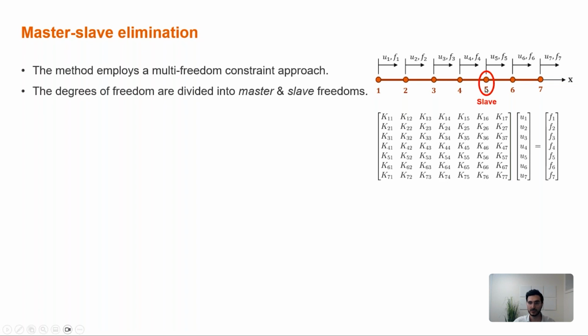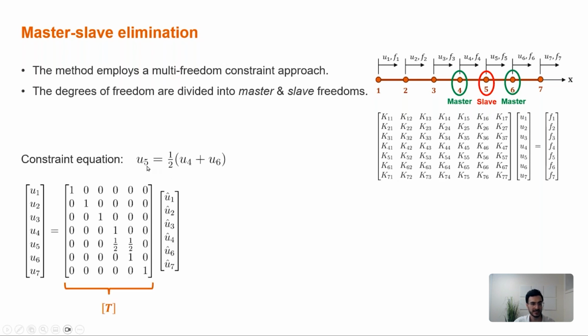If we assume node 5 as the slave node and the other nodes like node 4 and 6 as master ones, and if we describe the constraint equation as U5 equals the average of U4 and U6, then we can rearrange this equation to an additional system of equations.